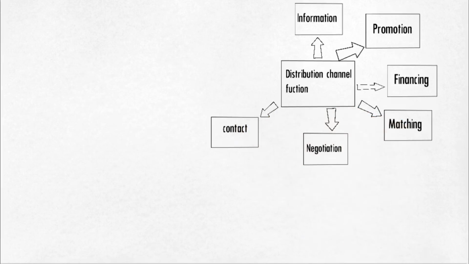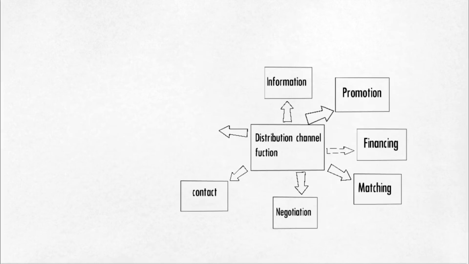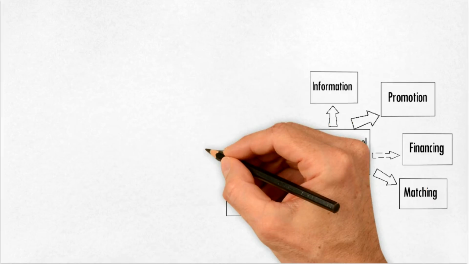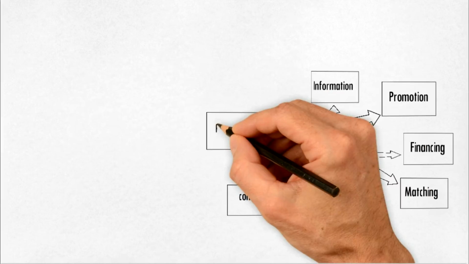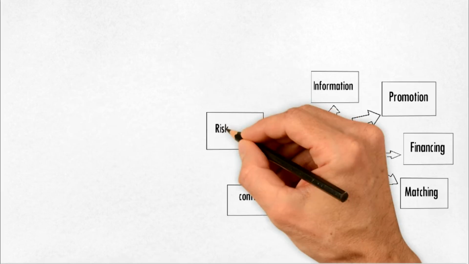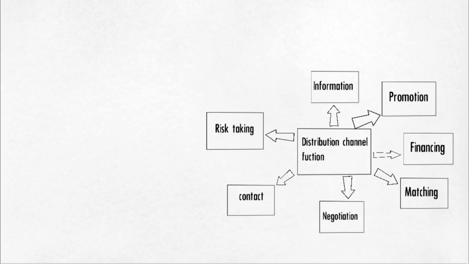Contact involves finding and communicating with prospective buyers. Risk taking. Risk taking is to assume some inherent commercial risks by operating the channel. Example, holding stocks for precautionary or speculative motives.